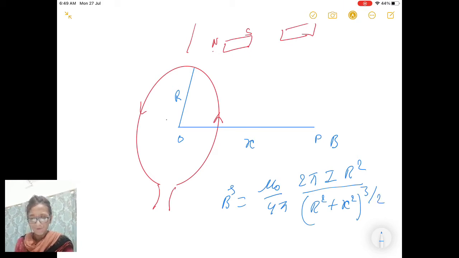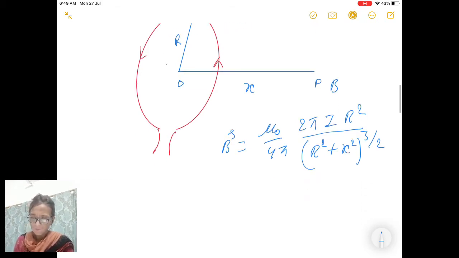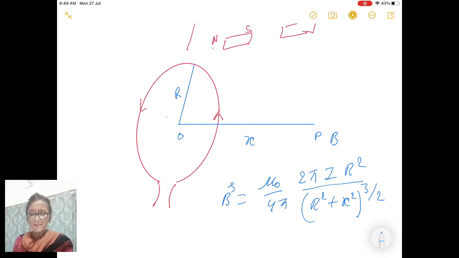This is the magnetic field a current carrying circular loop produces along its axial point, and its direction can be found by the right hand thumb rule. The right hand thumb rule says that when you place the curl of the fingers of your right hand in the direction of current, then the thumb points in the direction of magnetic field.